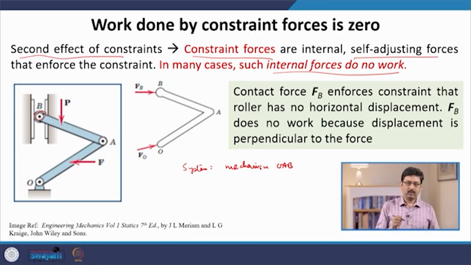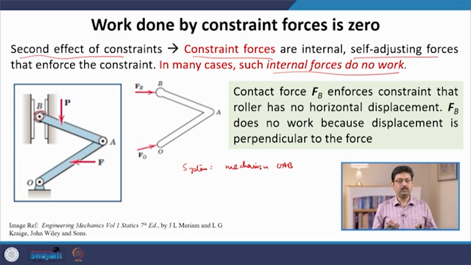Now, the effect of this constraint is to ensure that the roller moves only in the vertical direction, which means that there is no horizontal displacement possible for the roller. That is the constraint. So, that means that this contact force.